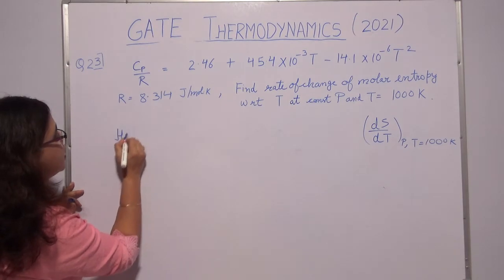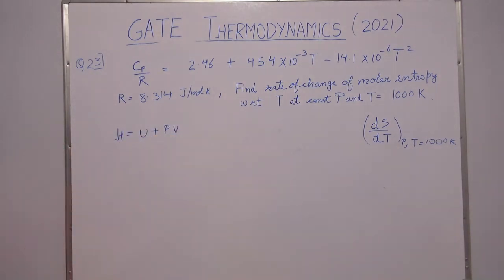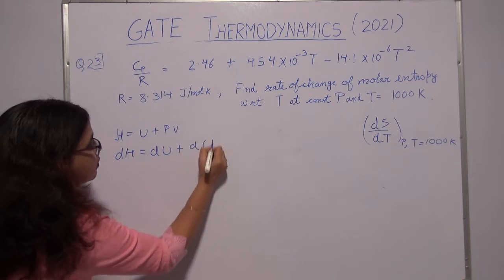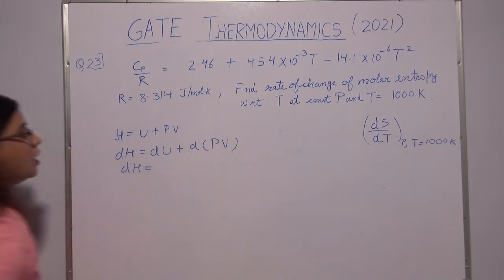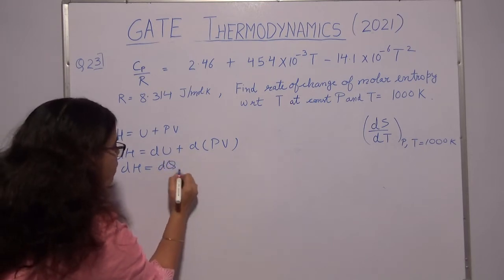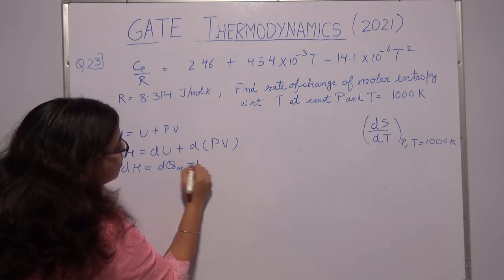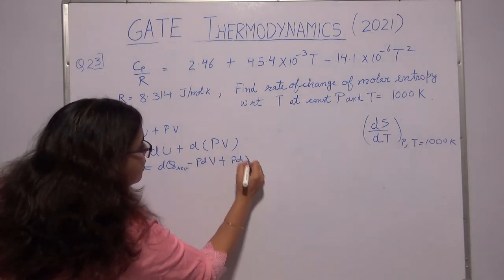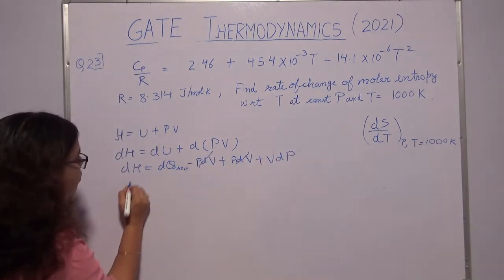So let's start with the equation H is equal to U plus PV. Take the differential: dH is equal to dU plus d of PV, or I can write dH is equal to dq reversible minus PdV plus PdV plus VdP. This cancels and you have dH.